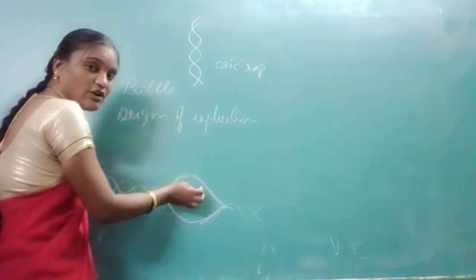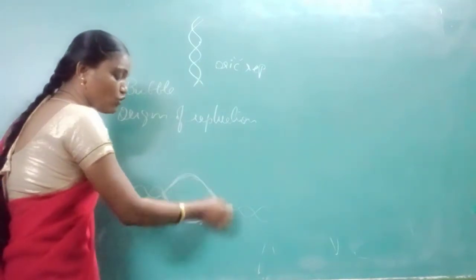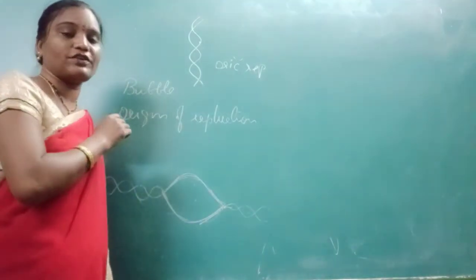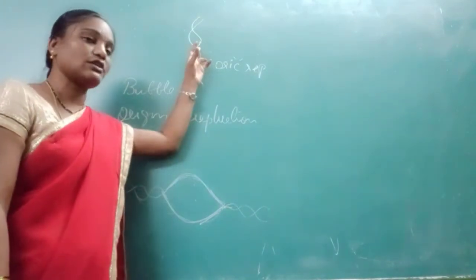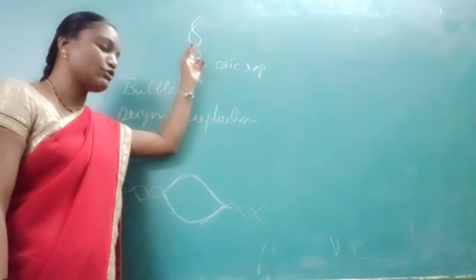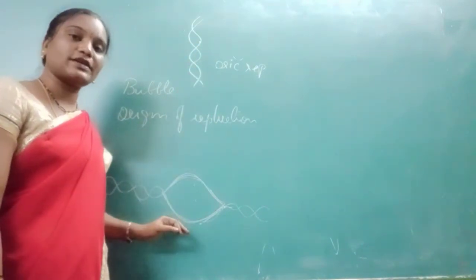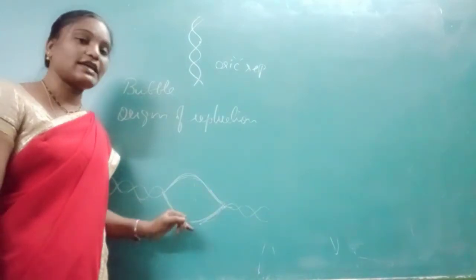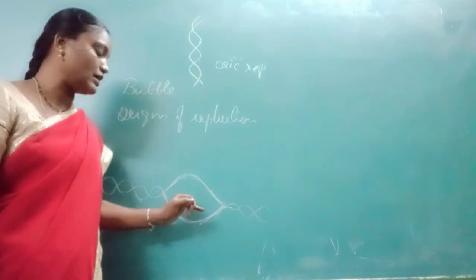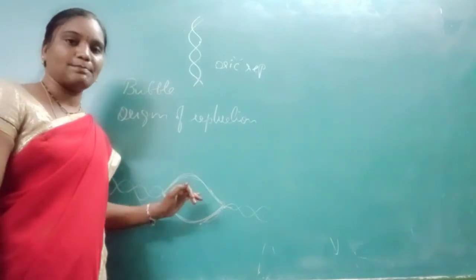This bulging of the two strands is known as the replication bubble, and this whole point is known as the origin of replication, where several enzymes come and interact. Due to the interaction of the enzymes and proteins, the replication fork and replication bubble are formed. This is like an eye shape, in the form of a bubble. So this is known as the replication bubble.